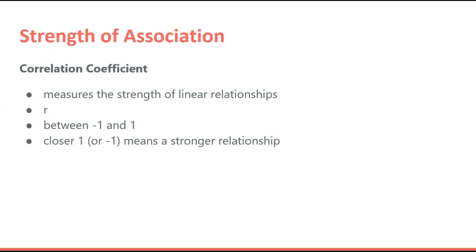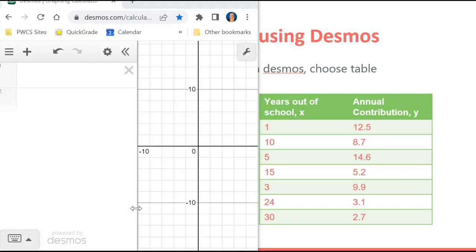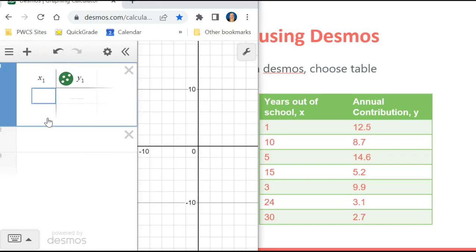Okay, and so what we're going to do is go over how to make a scatter plot and get the equation for the line of best fit as well as that correlation coefficient in Desmos. Okay, so I pulled up my Desmos window here, and what we need to do first is put a table into Desmos. So at the top of where you would type things in, there's a plus sign, and we're going to add a table to Desmos.